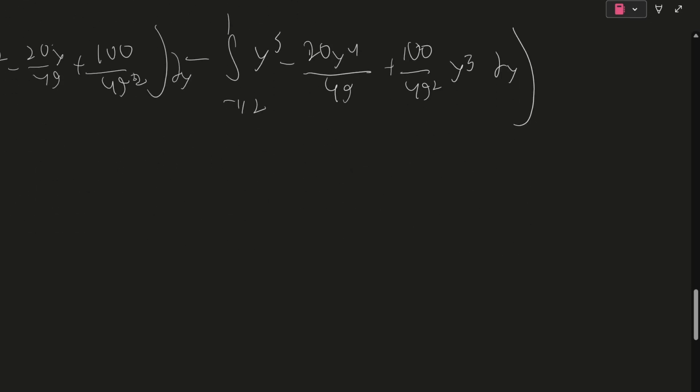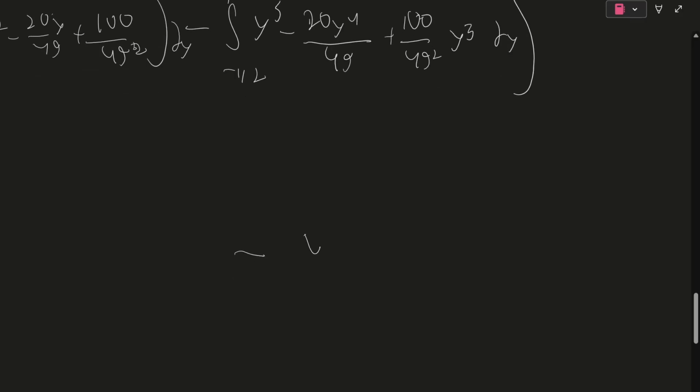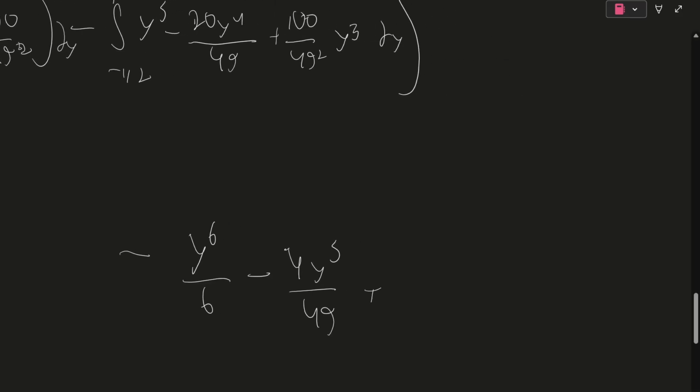Alrighty. And so the second part of our integral is actually already integratable, so we have y to the 6th over 6 minus 20y to the 5th over 5, which becomes 4y to the 5th over 49, plus 25 over 49 squared y to the 4th.